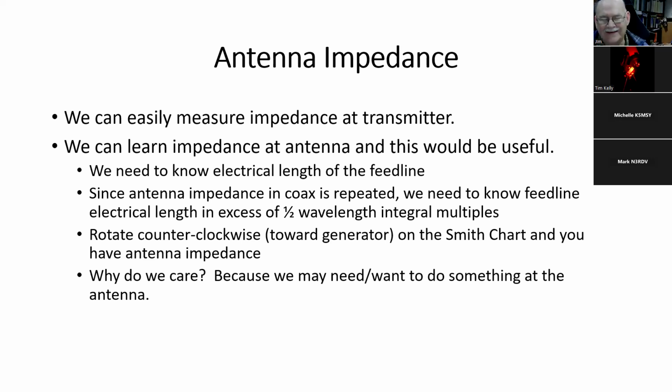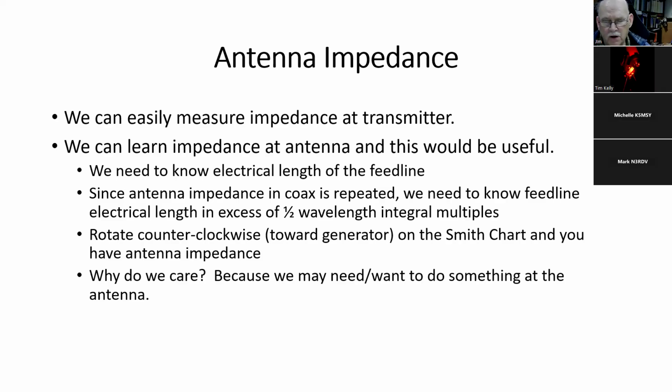And if you plot an impedance on a Smith chart, one circle on the Smith chart is a half wavelength. And I don't care if your coax is a half wavelength long or 50.5 wavelengths long. You rotate on the Smith chart that many times. And if you know it's 50.5 wavelengths long, you only need to go a half wavelength and you'll have the same impedance. So that is a profound fact that using the Smith chart to visualize impedances will help us all understand.